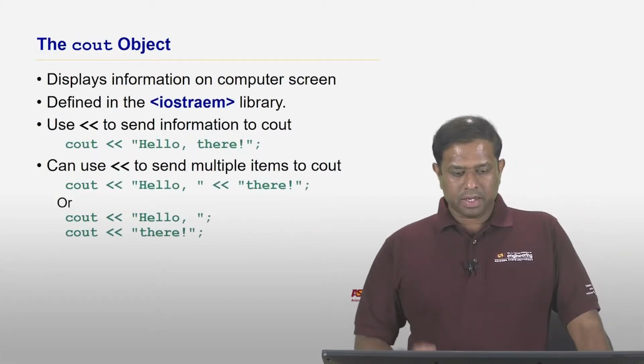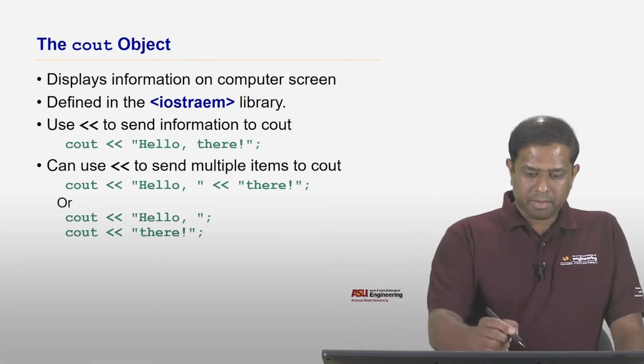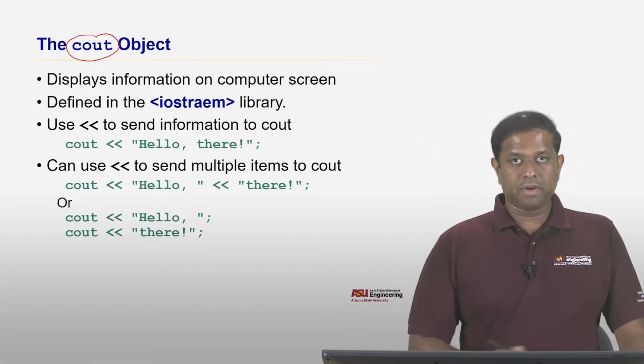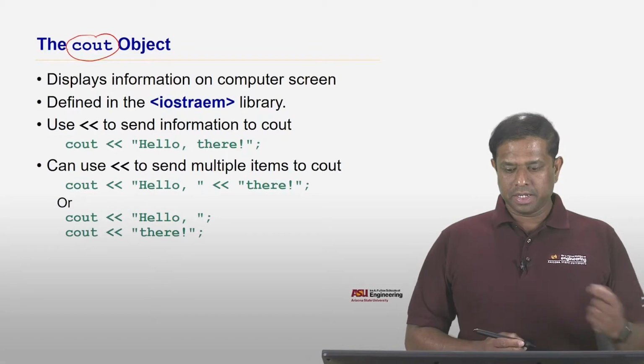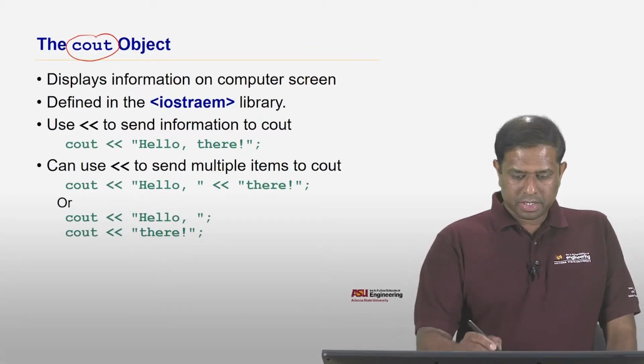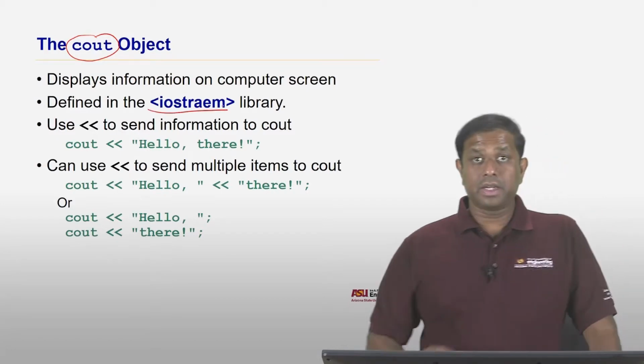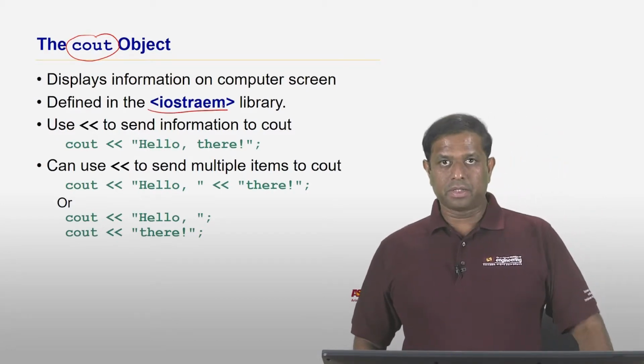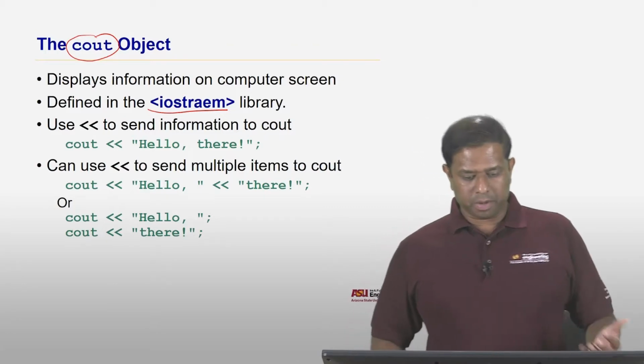So the other construct that we had in the program is the cout object. I think we all know that the cout object is representing the output, that's the computer monitor, and the cout object is defined in the input output stream library. So IO stands for input output, right?